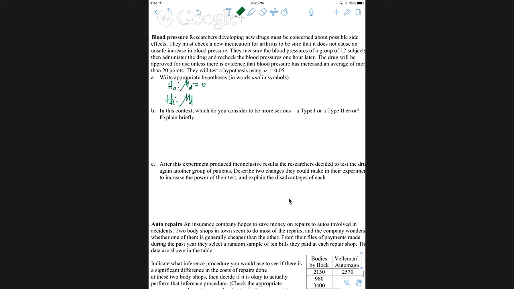We'll say it's greater than 0, but what we'll say is that mu difference is mu after minus mu before. And if I was doing this in words, I would say that the average blood pressure after using the drug minus the average blood pressure before using the drug will be the mean difference of the blood pressures. Okay?